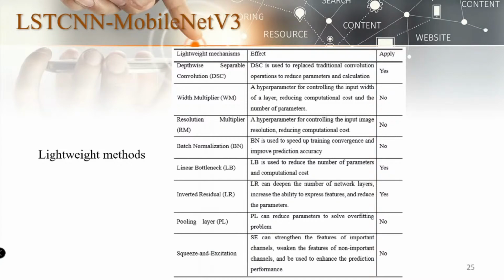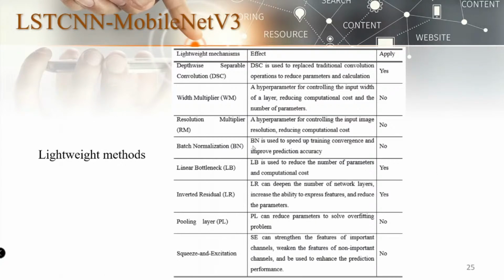In order to reduce the cost of high specification equipment, we evaluate and analyze the lightweight mechanism of MobileNet v3 and design a lightweight neural network model for the network traffic data after data preprocessing. Since the lightweight methods easily destroy the structure of the raw data, not all mechanisms are applicable.